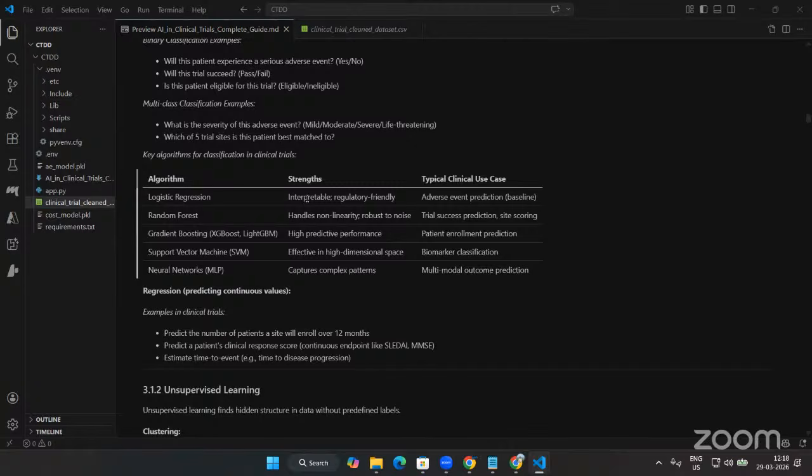As we know, we need to have regulatory friendly algorithms. So logistic regression is interpretable and it is regulatory friendly also. Then adverse event prediction. So this is one of the baseline parameters we need to consider when we are designing the model for predicting the safety or risk.